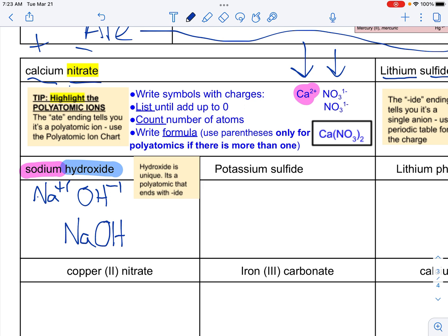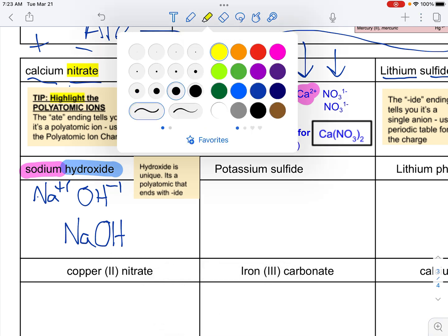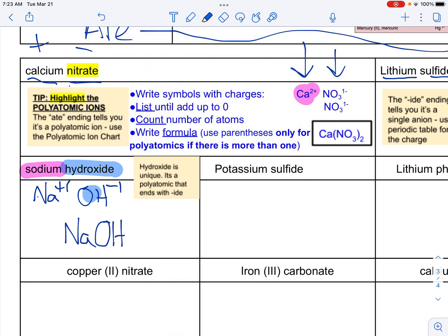There's only one of that group. If there were 2 of them, I would have to use a parenthesis, and it would look like this, with the OH in the parenthesis and a 2 on the outside. But since there's only 1 in my list here, maybe I'll highlight it in blue, since I've been using blue for the OH. See how that's just 1 OH?